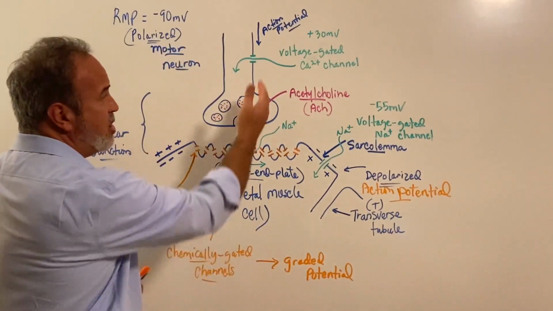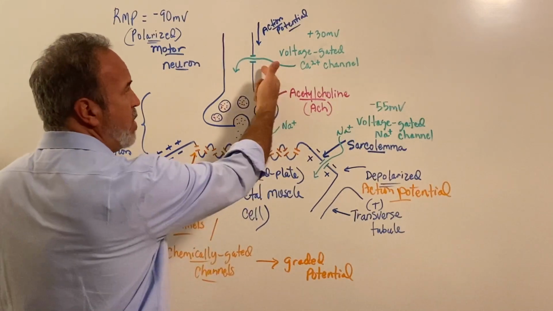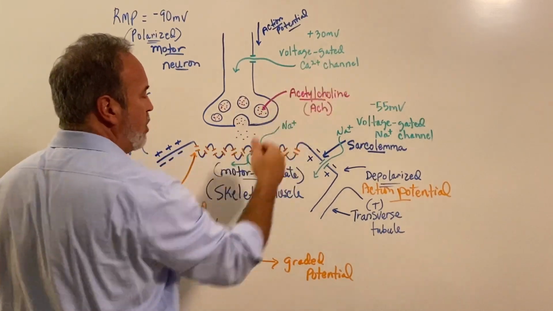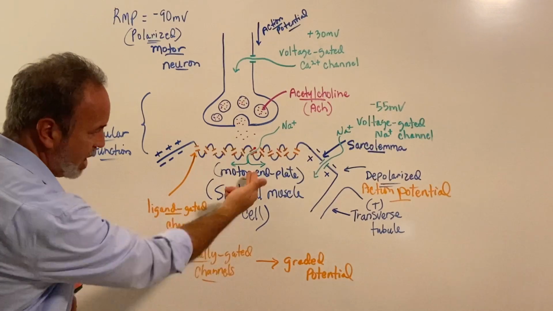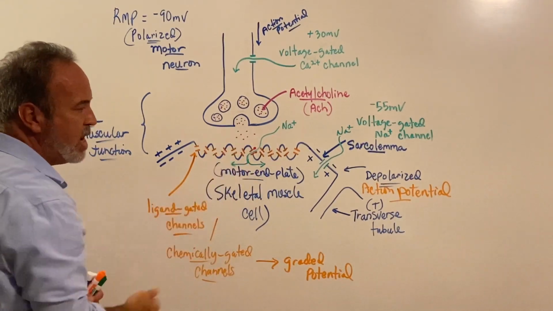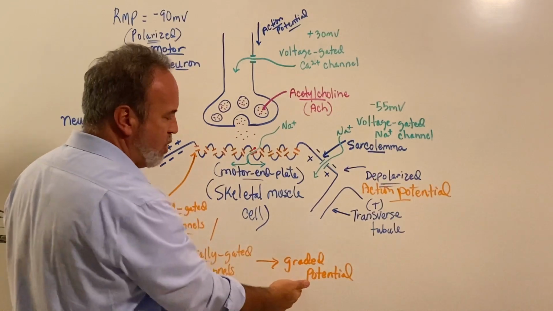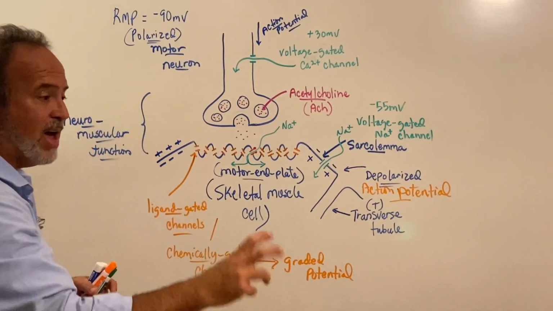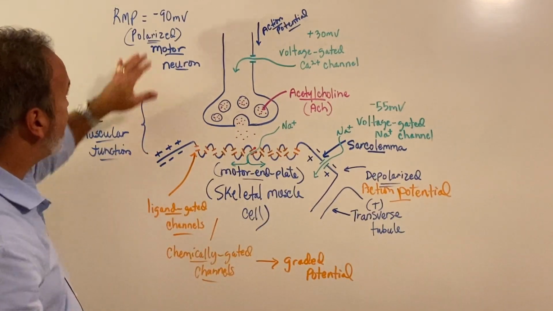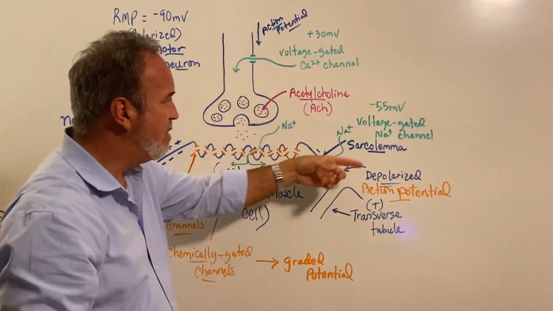But you can see that there's a number of channels here. We have voltage-gated calcium channels. We have chemically gated channels, which are opened by acetylcholine. That's going to cause a graded potential that is going to take that resting membrane potential from negative 90 to negative 55.